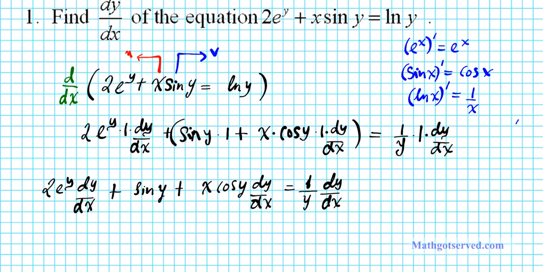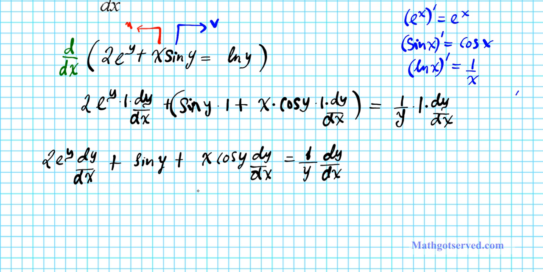Okay, so this is just like solving an algebraic equation with variables on both sides. In this equation, we want to solve for dy/dx. Okay, so these three terms with dy/dx, we have to collect them to the same side of the equation, factor out dy/dx, and solve. So let's collect these three terms to the left side of the equation.